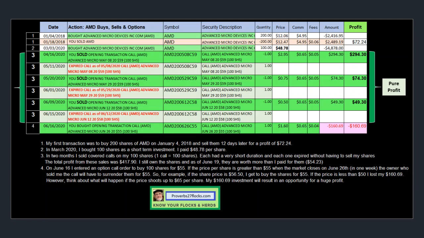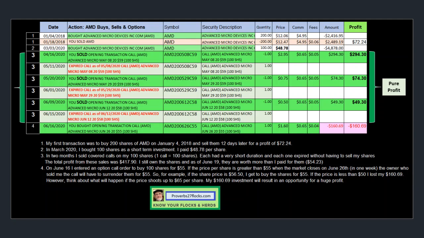So, for example, if in any one of these transactions the price had closed at or above $59 on the date that the call was to expire, then I would have had to sell my shares for the price that I agreed to, which in the case of the first two would have been $59, giving me a decent profit, because my initial purchase price was $48.78. And even in the case of the $58 one on June 9th, I still would have a nice profit.